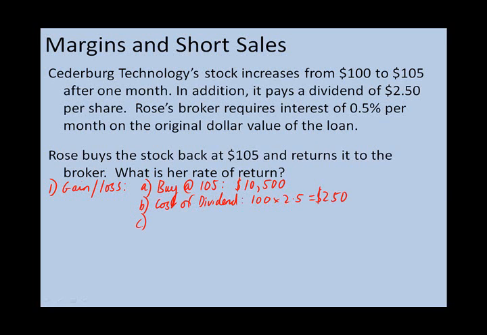In addition, the brokerage also charged her interest on the original dollar value of the loan. Now, the original dollar value was equal to $10,000 because they loaned Rose the shares when the price was 100. So we have an interest charge, which is going to be equal to 10,000 times 0.5%.